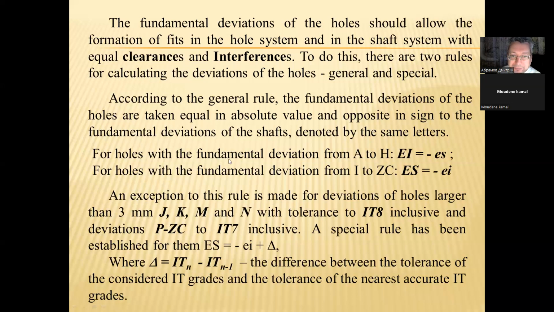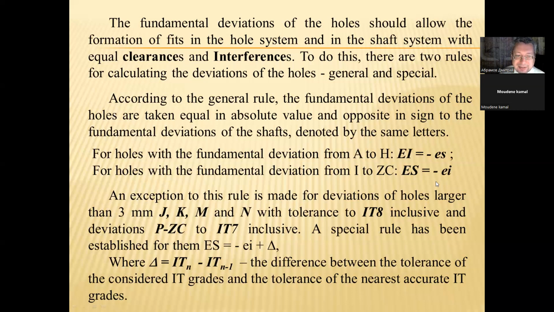For holes with the fundamental deviation from J to ZC, big ES is equal to minus small e. It was the general rule and now the special rule.